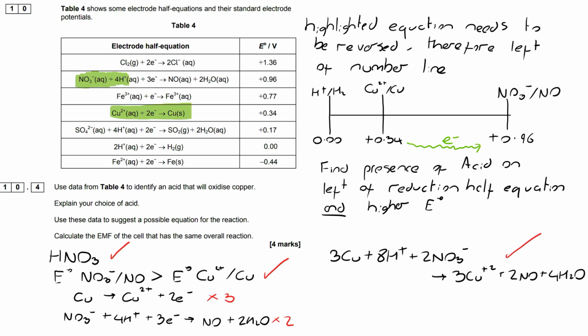And that then allows me to combine the two half equations to make the full equation that we can see here. And finally, we need to work out the EMF of the cell with this overall reaction. Well, we know what the E cell values are for each of the two half cells. So we take the 0.96 and we subtract 0.34, giving us an EMF of 0.62.